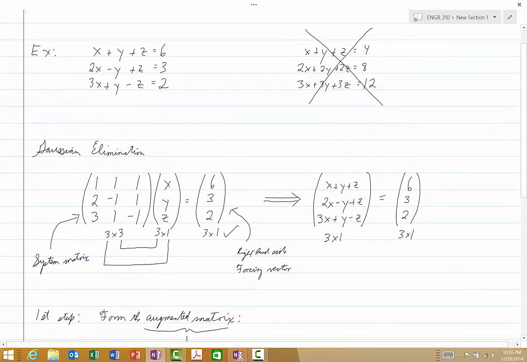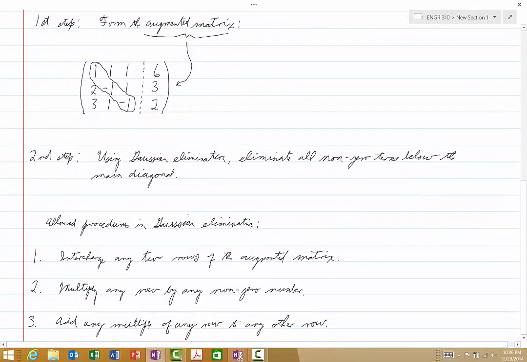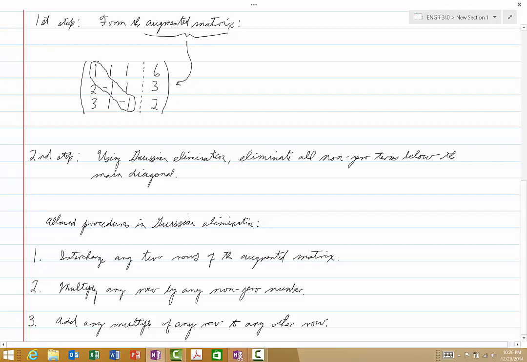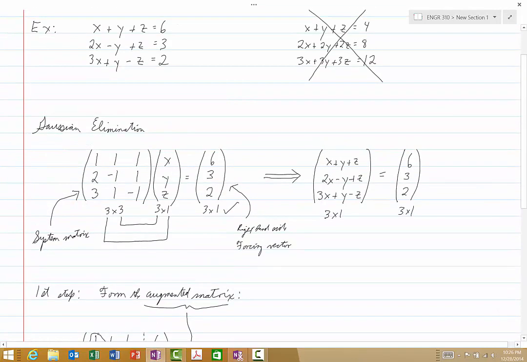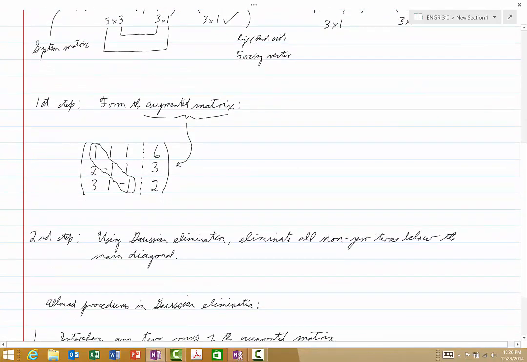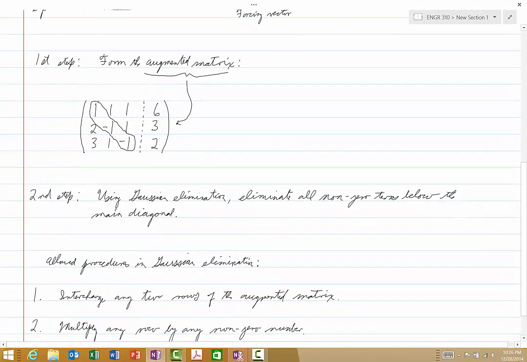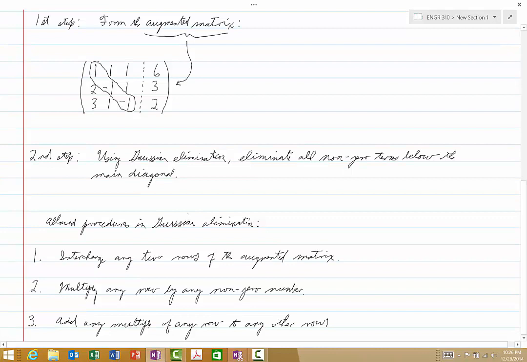The second equation, 2x minus y plus z equals 3, that's represented by 2, minus 1, 1, 3. And then the last equation, 3x plus y minus z equals 2, is represented by this last row, 3, 1, negative 1, 2.